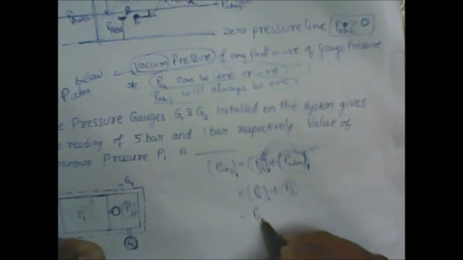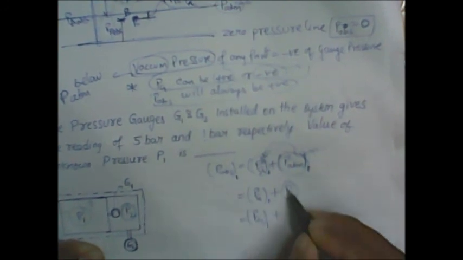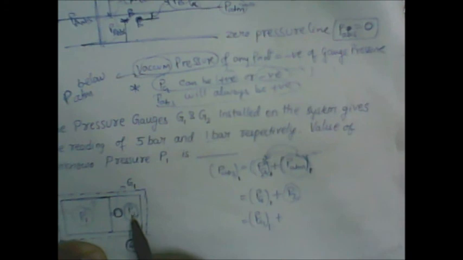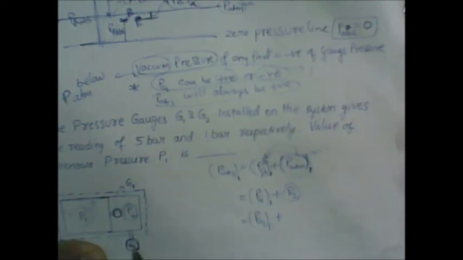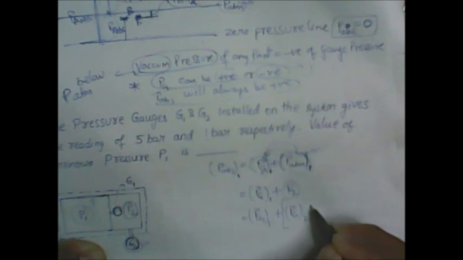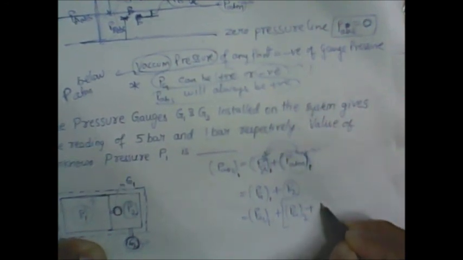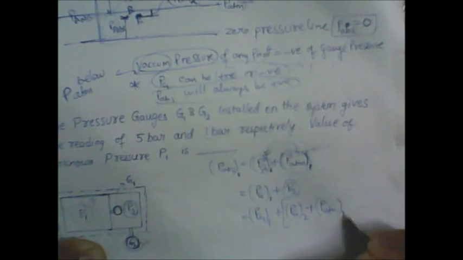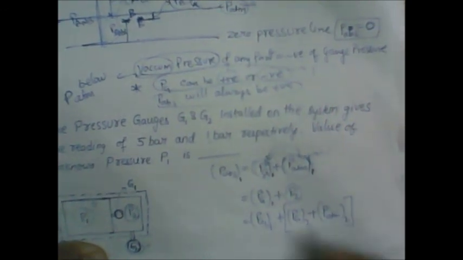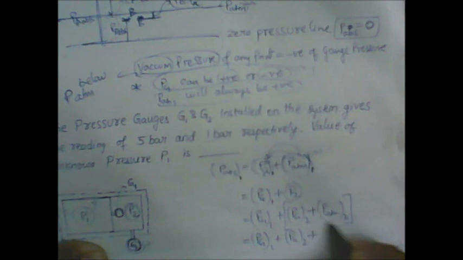Because P2 is the environment of this first pressure gauge. Now how can we get P2? Again, P2 absolute can be obtained from its gauge pressure plus the environment pressure in which gauge 2 is placed. So P gauge 2 plus P atmosphere of the second pressure gauge, which equals P gauge 1 plus P gauge 2 plus this atmosphere.